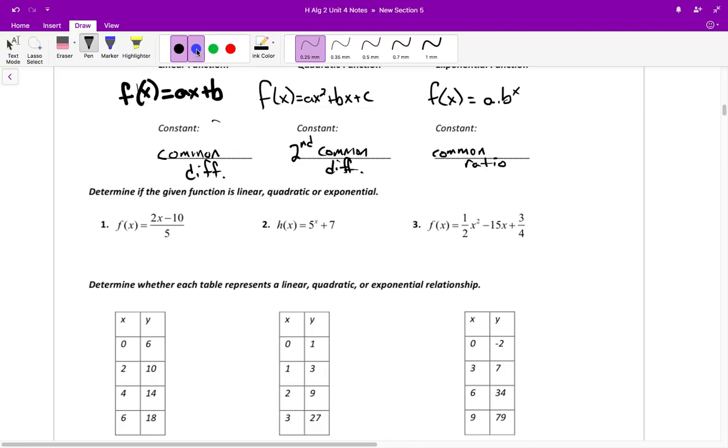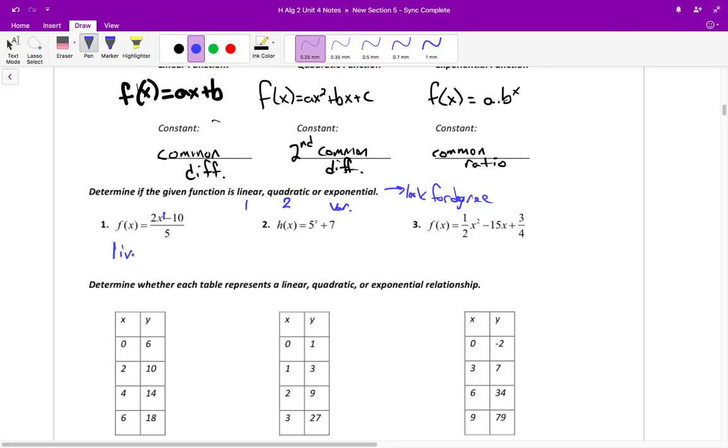Okay, so now let's determine whether each of these functions is linear, quadratic, or exponential. Now, what you need to look for when you're looking to decide what type of function it is based on an equation, you look for the degree. The degree tells you everything you need to know about that function. For a linear function, it will have a degree of 1. For quadratic, a degree of 2. And for exponential, it has to have some kind of a variable as the exponent. Okay, so on number 1 here, as you notice, degree for our equation is a 1.